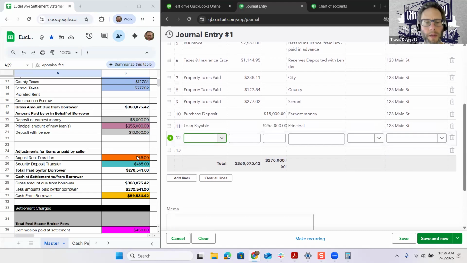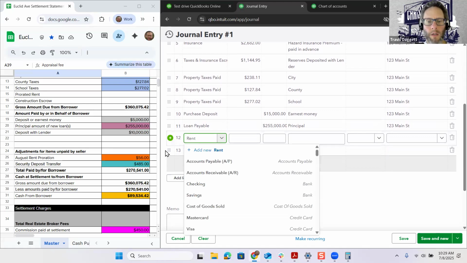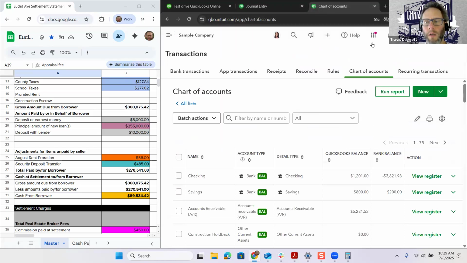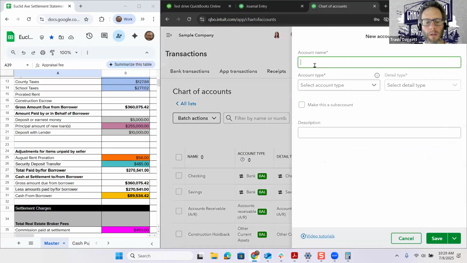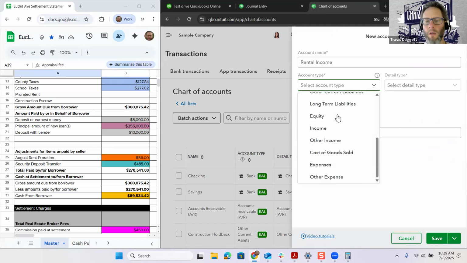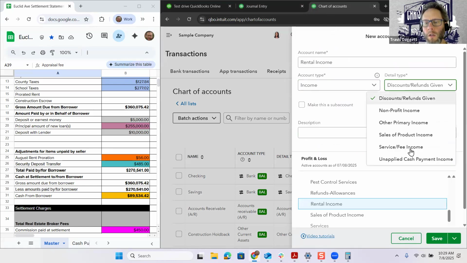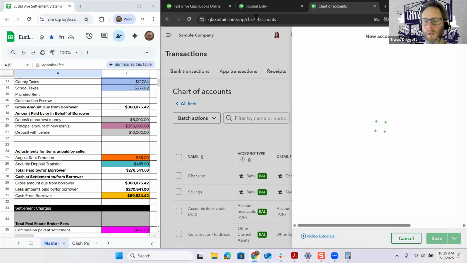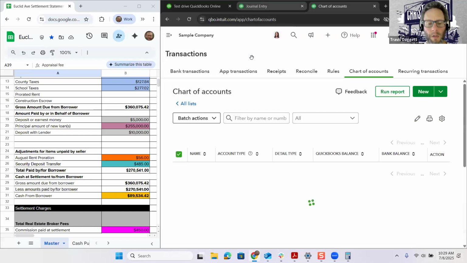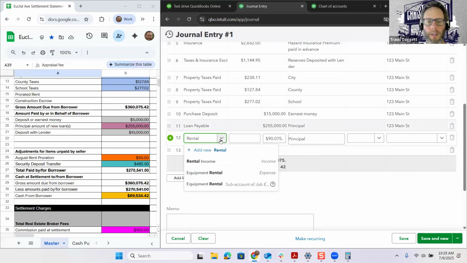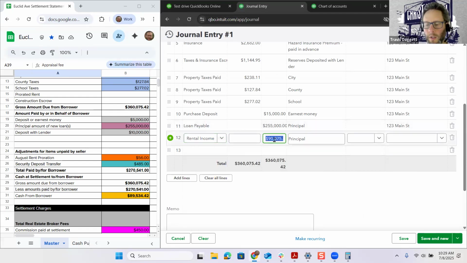A couple of other items here. We have rent. Let's go ahead and add that account. So this is rent that the seller has collected as income. Now it's our income, the buyer's income. Yes, specific to that account.